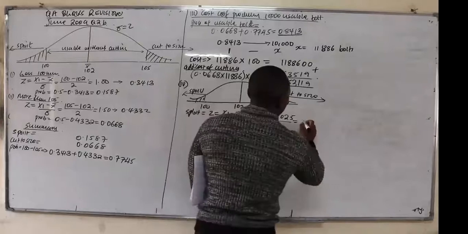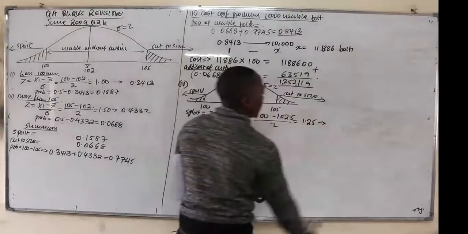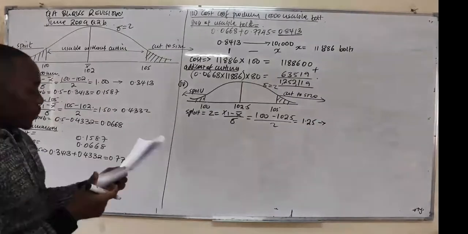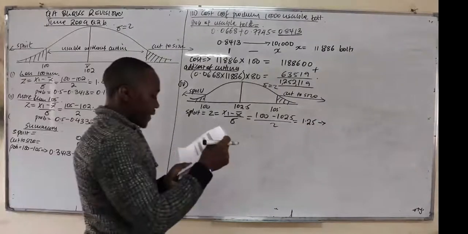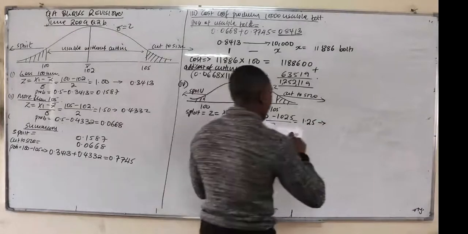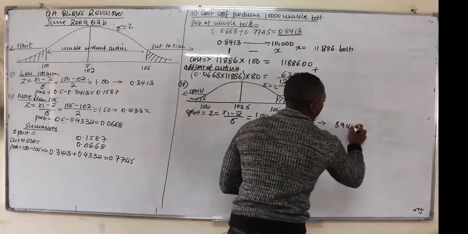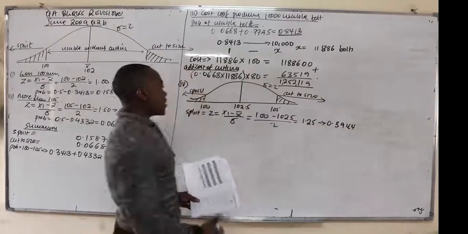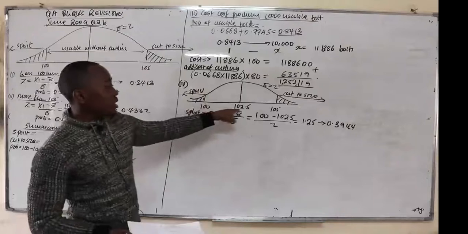You get 1.25. So let's get that probability for 1.25. 0.3944. But that's a probability between 100 and 102.5.